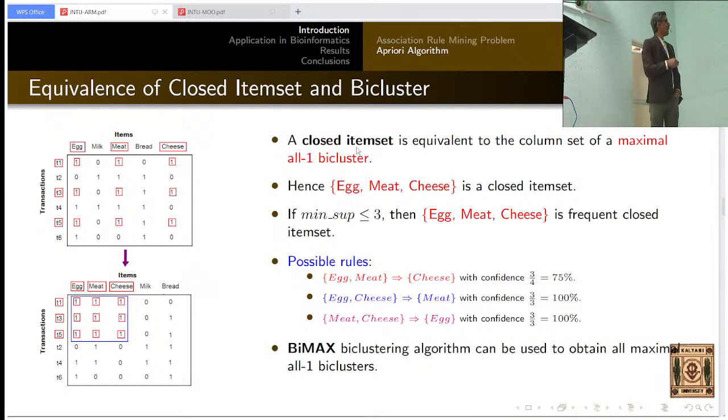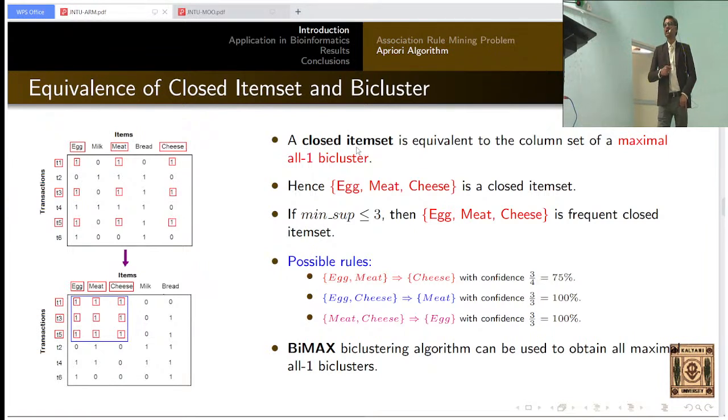So given a dataset matrix, there is a biclustering technique called BiMax, which can be applied on that to extract all maximal all-one biclusters, all maximal all-one submatrices from this dataset, each of which will correspond to one closed item set.